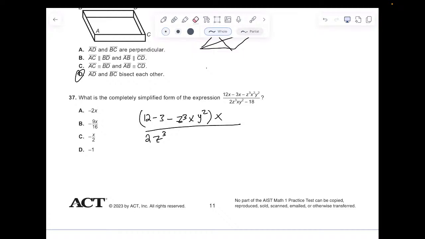Okay, let me think about it in a different way. Let's say I just pulled this x out, so at the very end I multiply by x. What will this do for me?